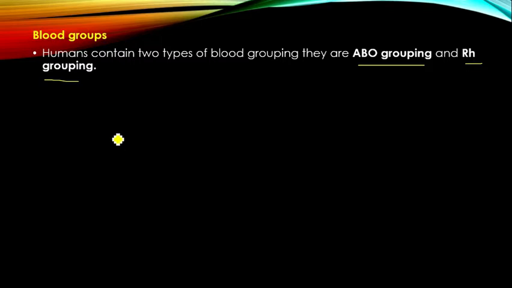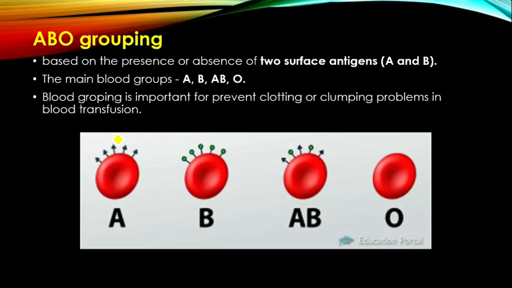ABO grouping. ABO blood grouping is based on the presence or absence of two surface antigens.